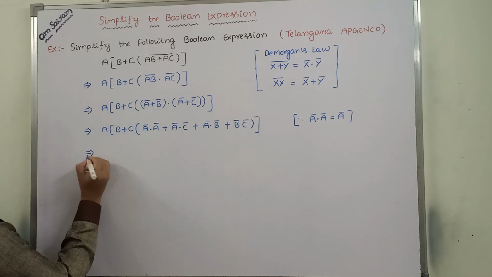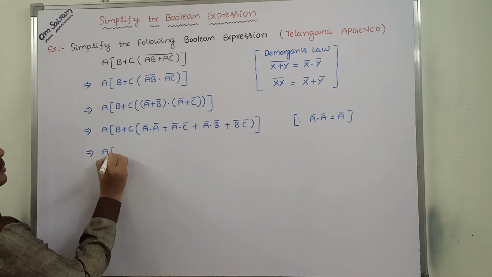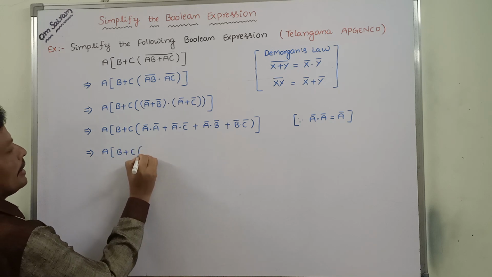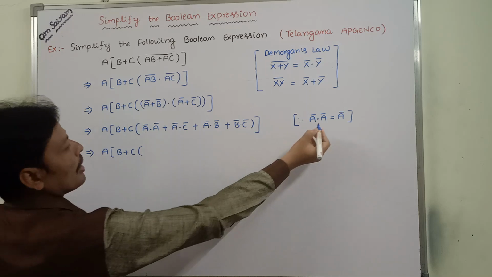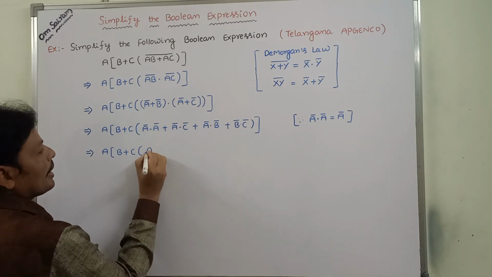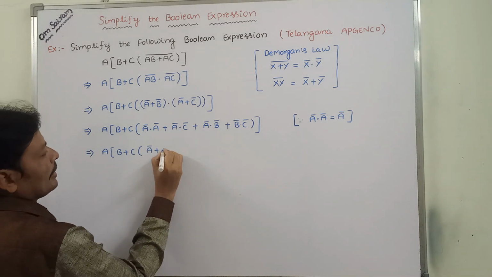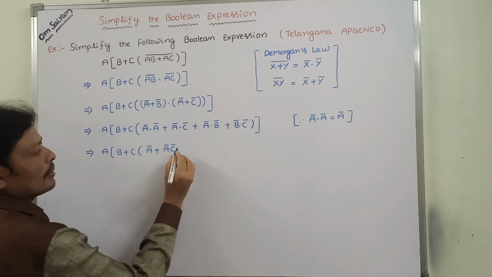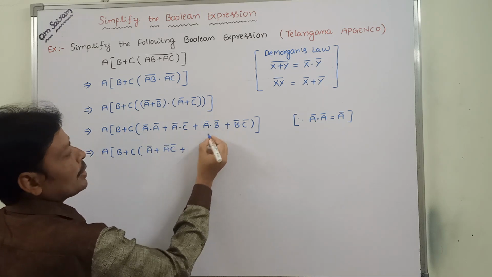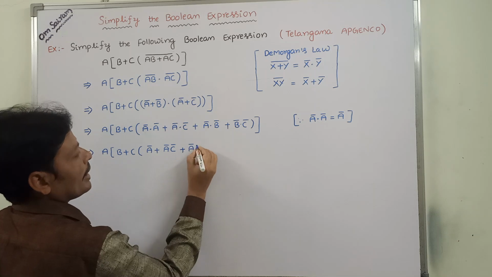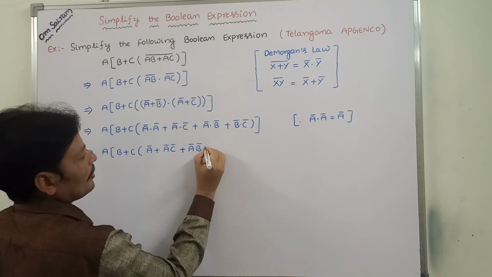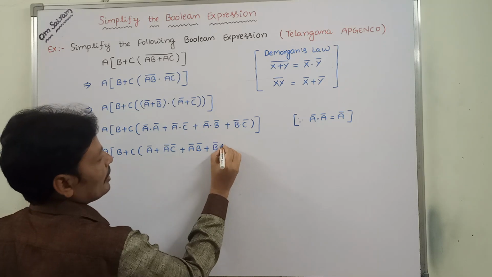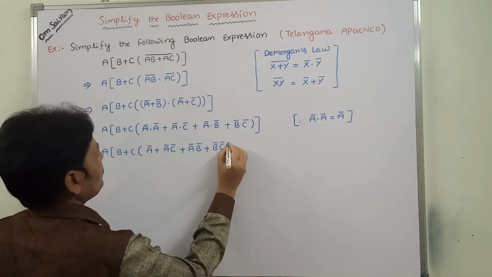So then the above expression becomes A into (B plus C) into (A bar, which is nothing but A bar, plus A bar into C bar, which is nothing but A bar C bar, plus A bar into B bar, which is nothing but A bar B bar, plus B bar into C bar, which is nothing but B bar C bar).